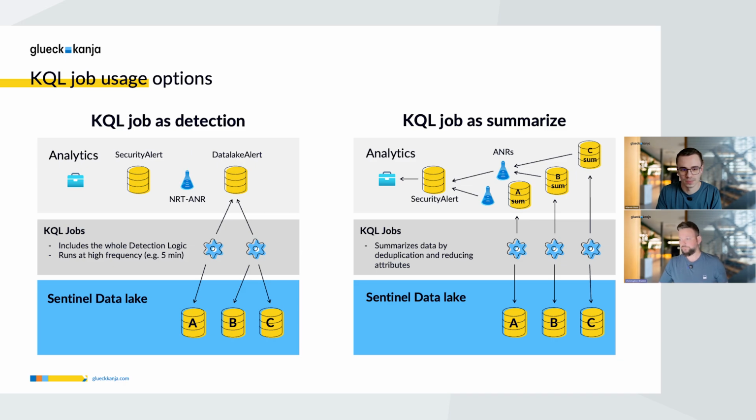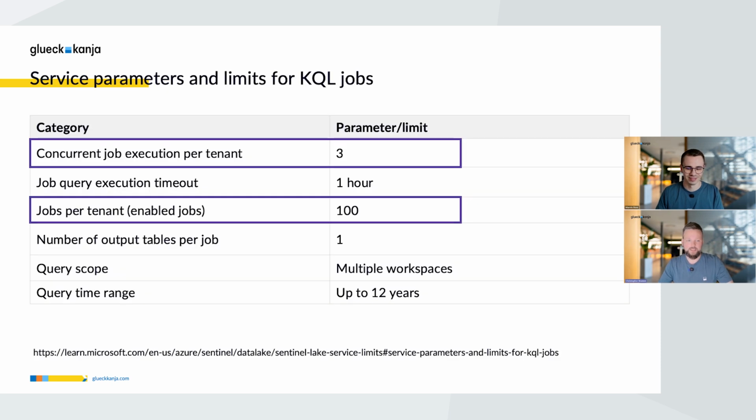And one problem or one limitation, this does not scale unlimited. So we had first ideas, okay, can we do this for everything? There are some limitations at the moment. And this means, okay, we can only have 3 concurrent KQL jobs per tenant at the moment, and we can only have 100 of them in total.